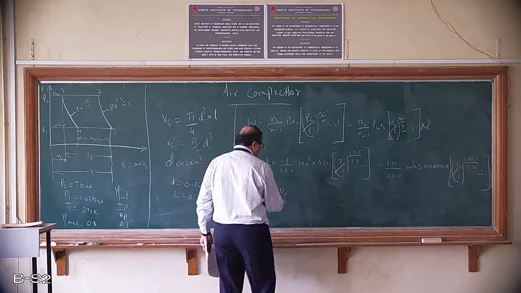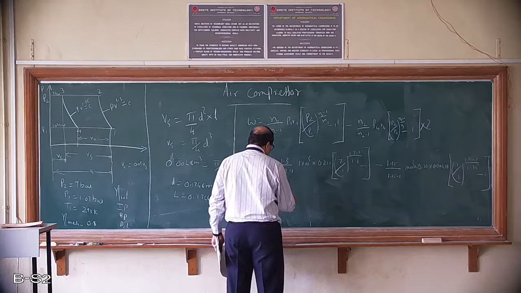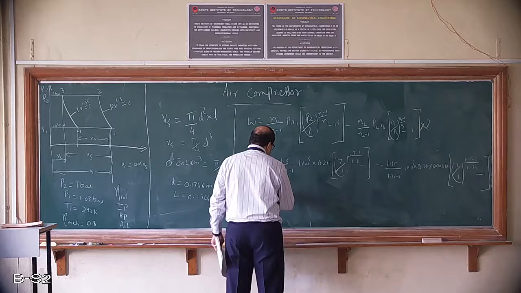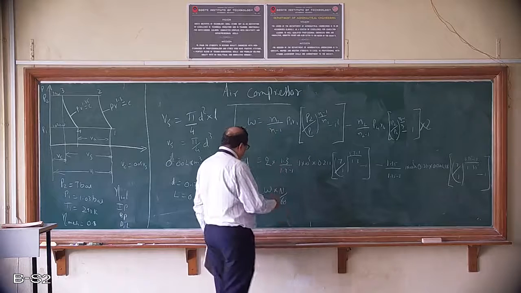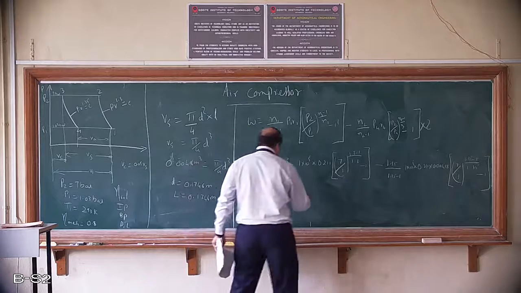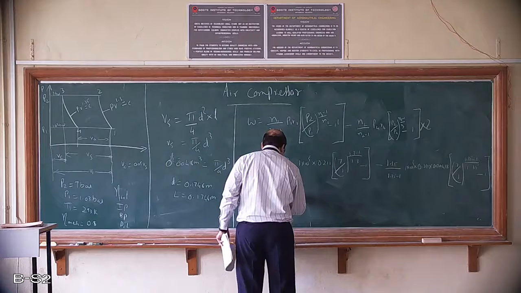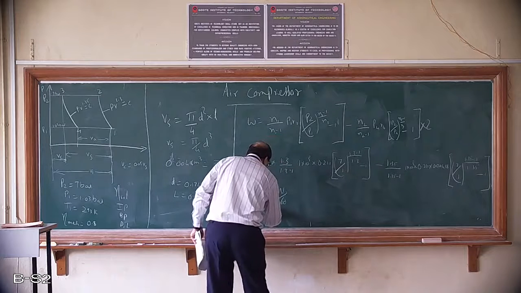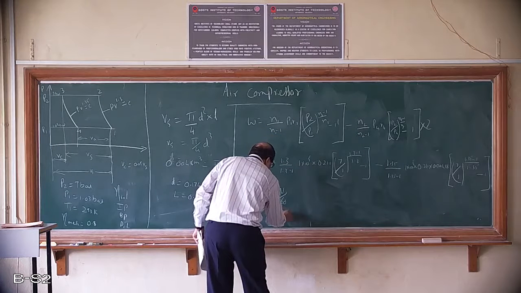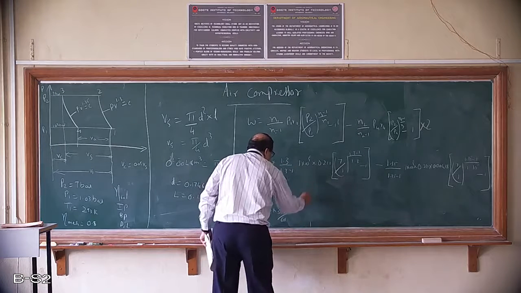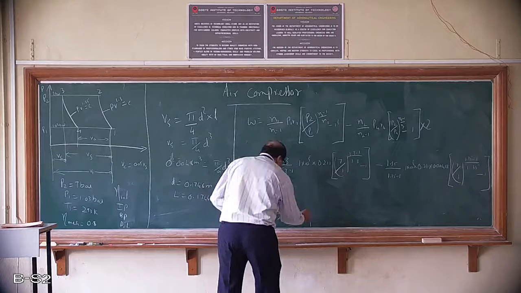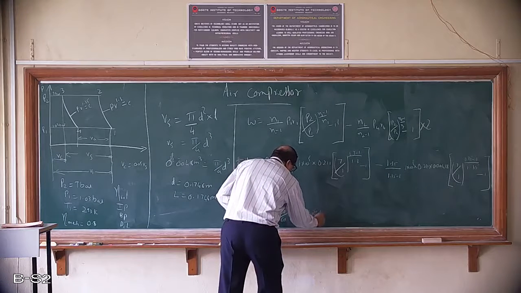So work done is in kilojoules, and kilojoules per second will be kilowatts. So whatever value you get, W into 300 by 60. So this will be 8.5 kilowatts.